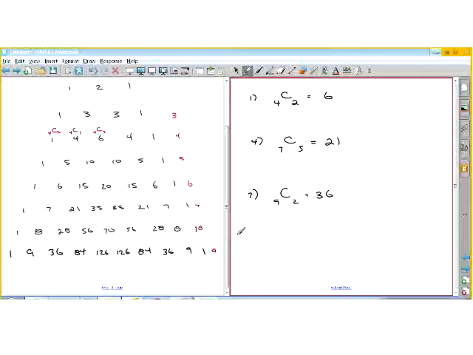Okay, what we got next? 10. Okay, 10 has this: a committee of 4 congressmen will be selected from a group of 7 Democrats and 3 Republicans. Find the number of ways of obtaining each result.